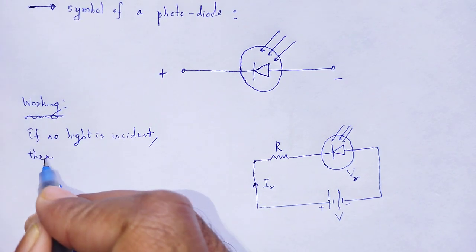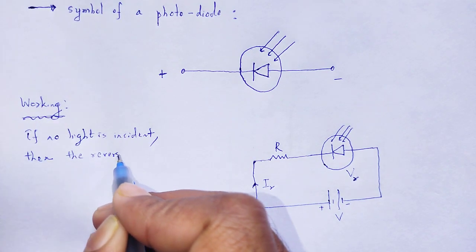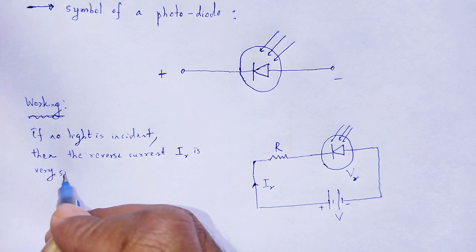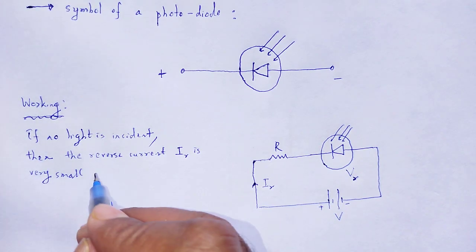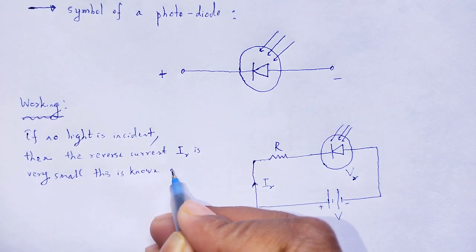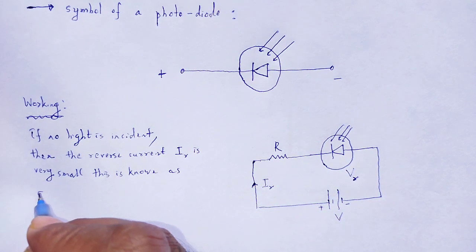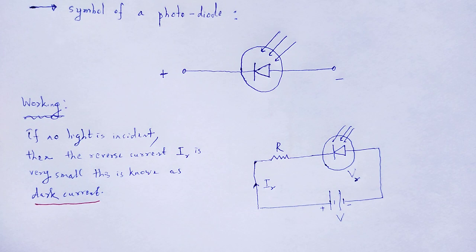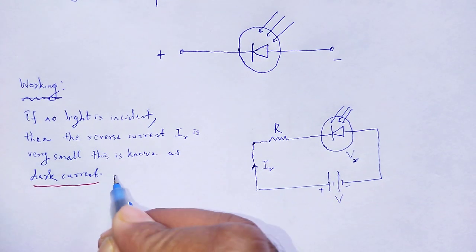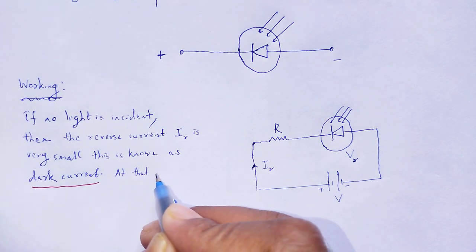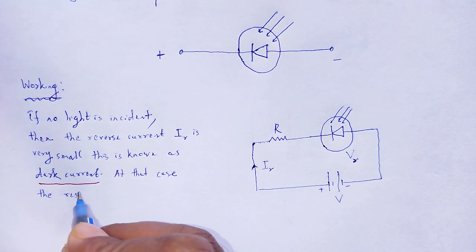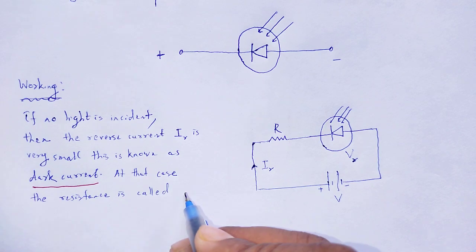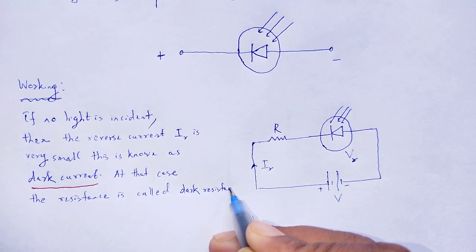The resistance in that case is called dark resistance.